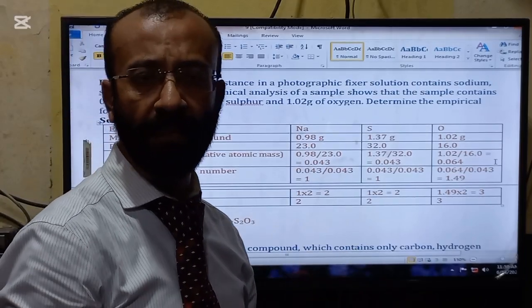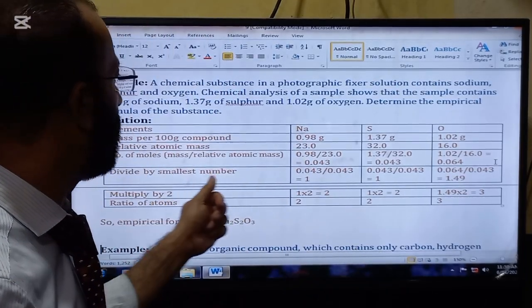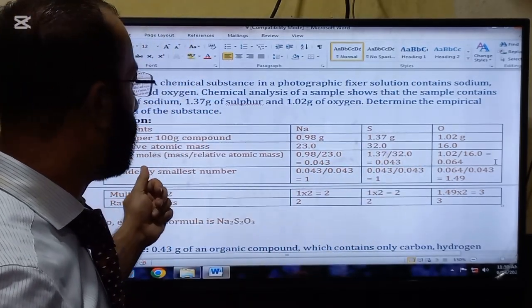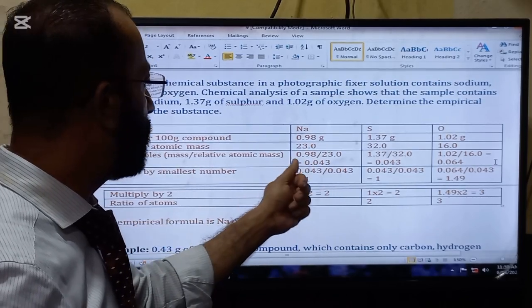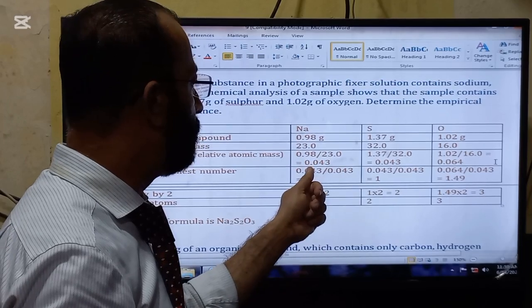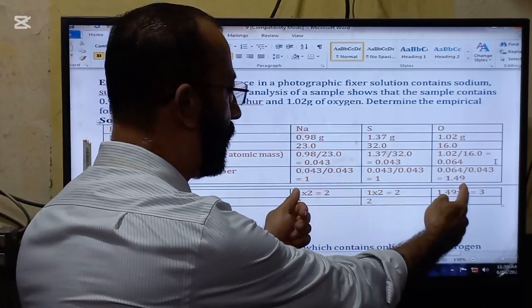The steps will be same. First we will use the periodic table to find the relative atomic masses of sodium, sulfur and oxygen. Now we will find the number of the moles by dividing the mass over relative atomic mass. So these are the moles. Now we will choose the smallest number and divide all numbers by that number. So here are the numbers.